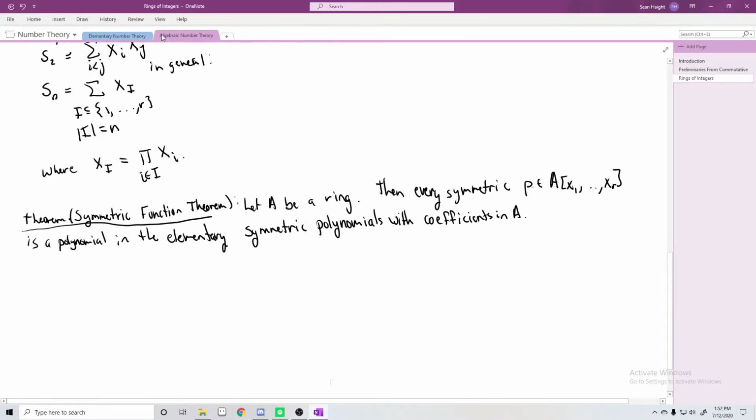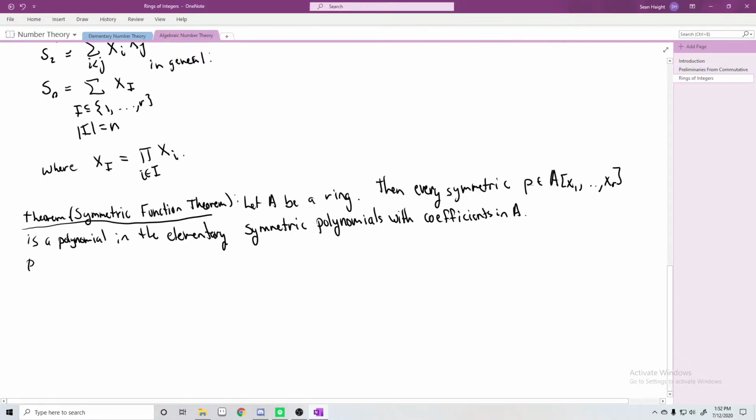So let's go ahead and prove this. The proof is kind of similar to something you might see when you're learning about Gröbner bases in algebraic geometry. You won't need to know anything about them, but if you've seen them, then this should look probably mildly familiar.